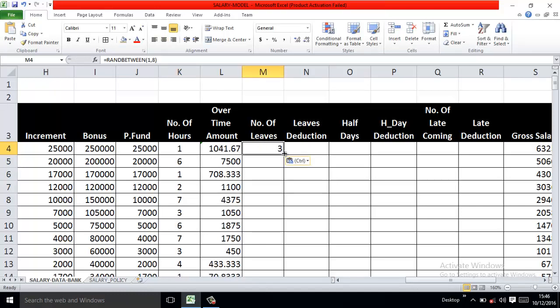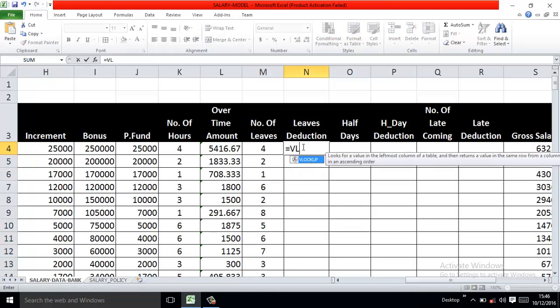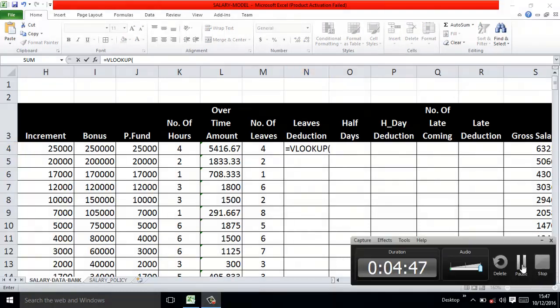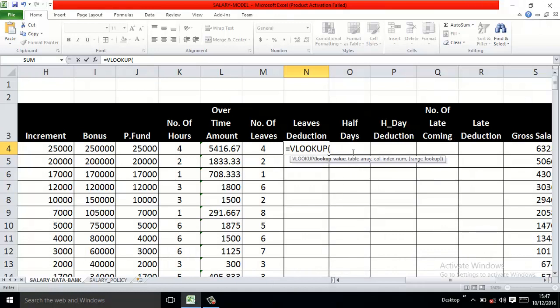Okay, it's a RANDBETWEEN, and let's apply the formula. The formula is VLOOKUP. So now I'm looking up this value, that's my number of leaves, in the table array with the name leave deductions.